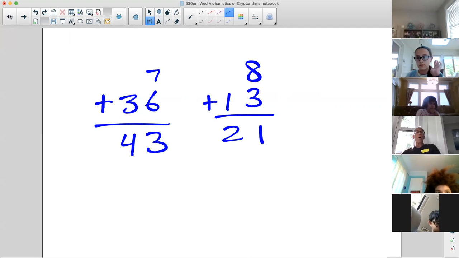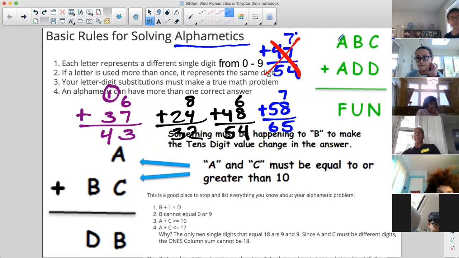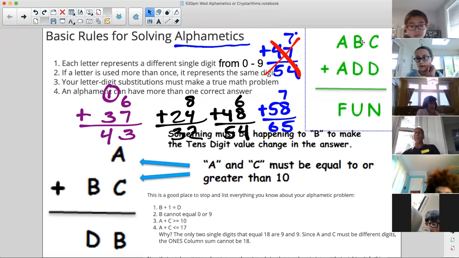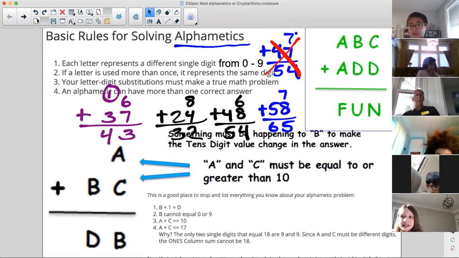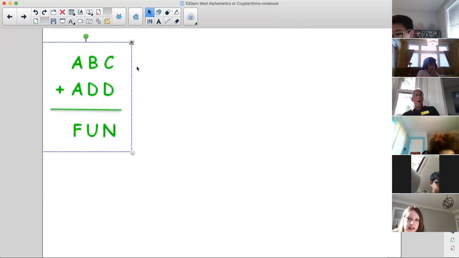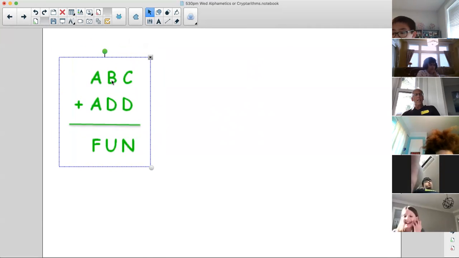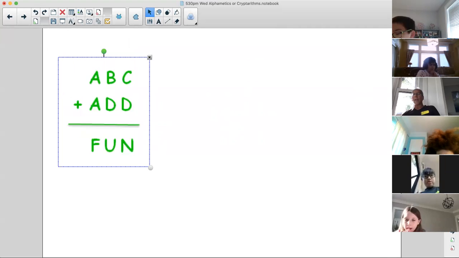Now, we're going to go to a new challenge, and we're going to do it a little bit differently. I want everybody to try to tell me what values D cannot be.